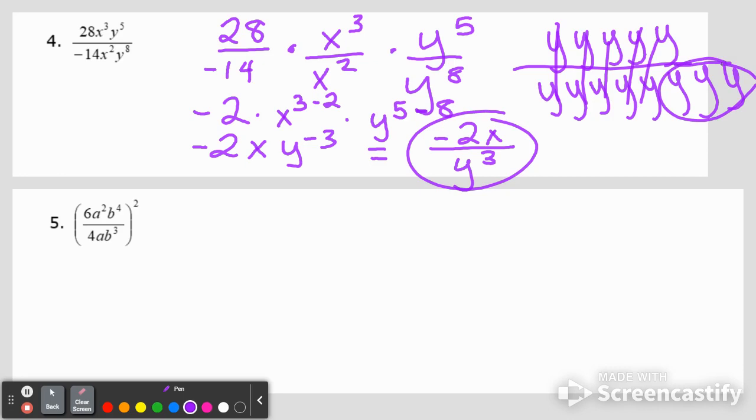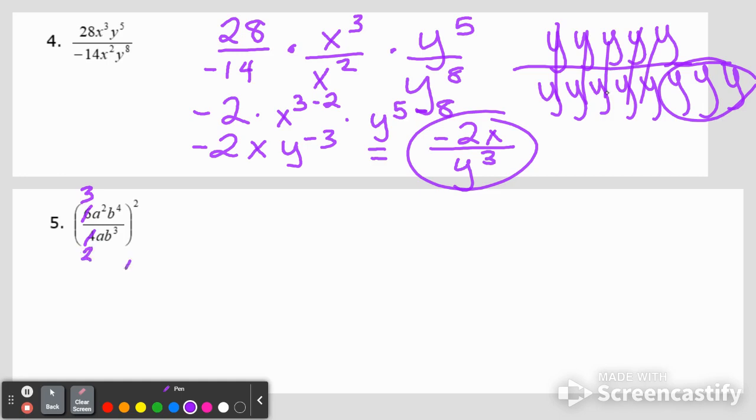Okay, number 5, we do need to simplify in the parentheses if we can before we make it more complicated and bring in that exponent of 2. So starting out by simplifying 6 divided by 4, those are both divisible by 2. So 6 divided by 2 is 3, and 4 divided by 2 is 2.